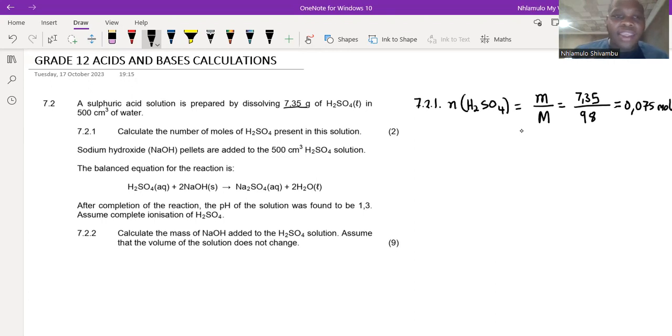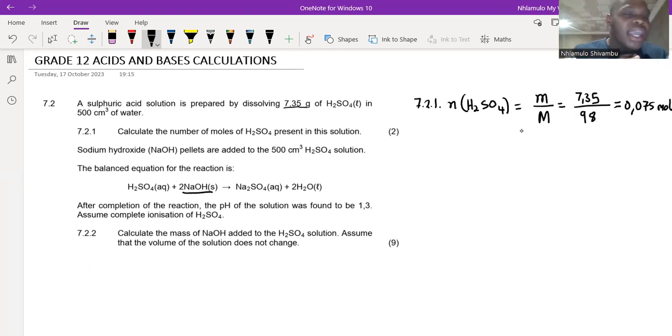They're saying that sodium hydroxide pellets are added to the 500 cm³ H2SO4 solution. The balanced equation for the reaction is the one that we have. We realize that the sodium hydroxide that was added was in solid state. If it is in solid state, it means that it carries a zero volume, so it does not change the volume of the solution.